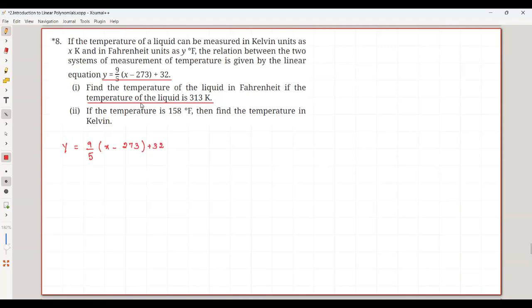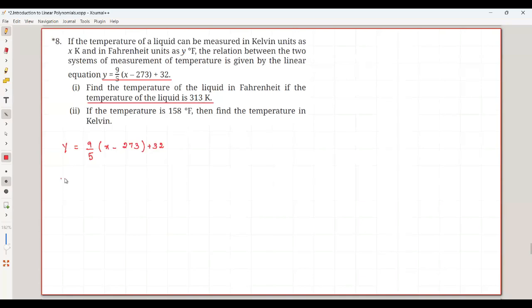In the first case, the temperature of the liquid is 313 K, that means x is equal to 313. We have to find the y value. y is nothing but the temperature we are going to find out.